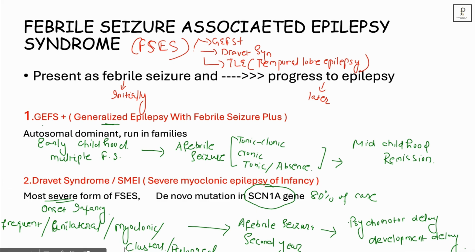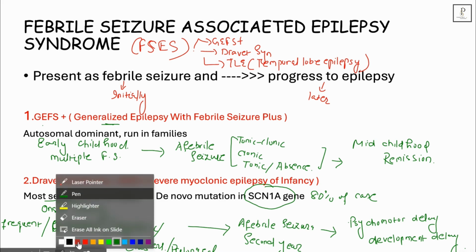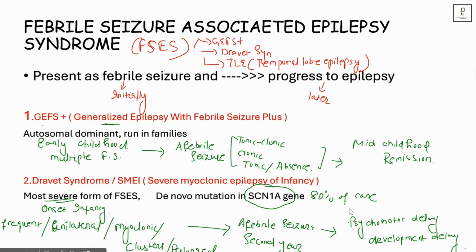One of the differential diagnoses of Dravet syndrome is vaccine encephalopathy. Sometimes after giving a vaccine the child will get seizures, which seem like vaccine encephalopathy, but it is actually Dravet syndrome.